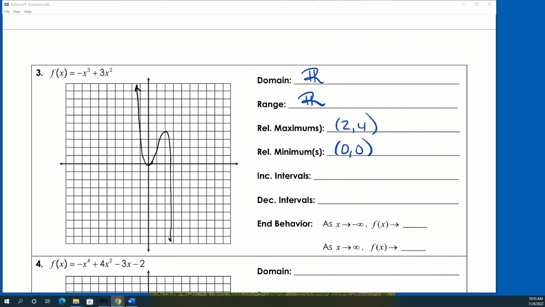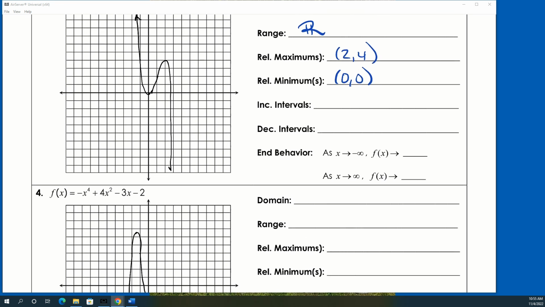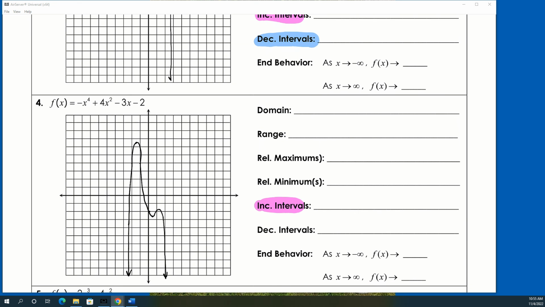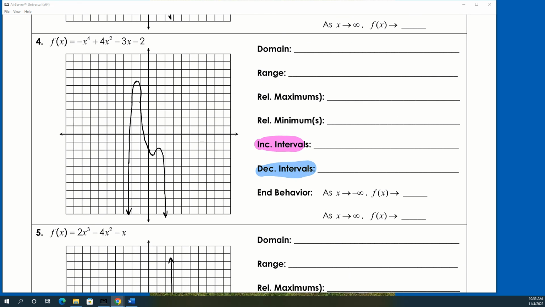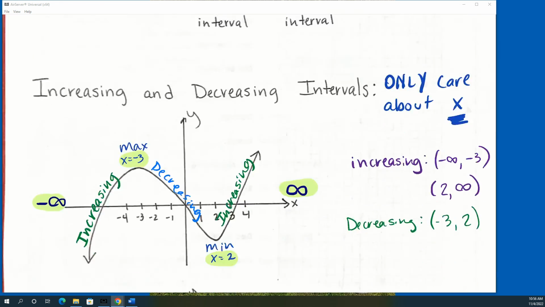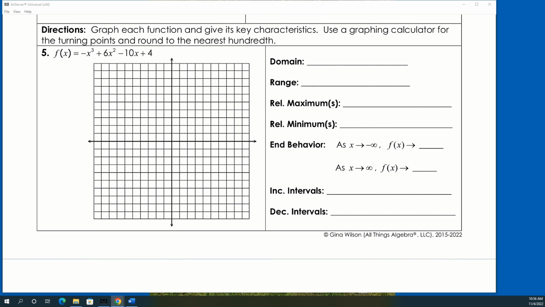Okay, so this is what I want you guys to do. On our note section, we still have 3, 4, 5. Go ahead and just do the intervals of increasing and decreasing on each of those. All right, and then on the homework section, so flip to like the last page. On 5 through 8, same thing. Do the intervals of increasing and decreasing.